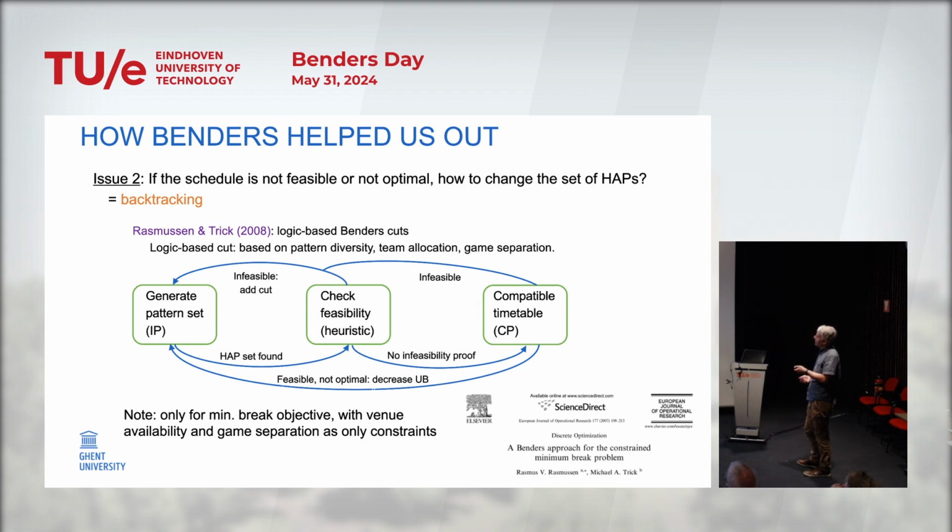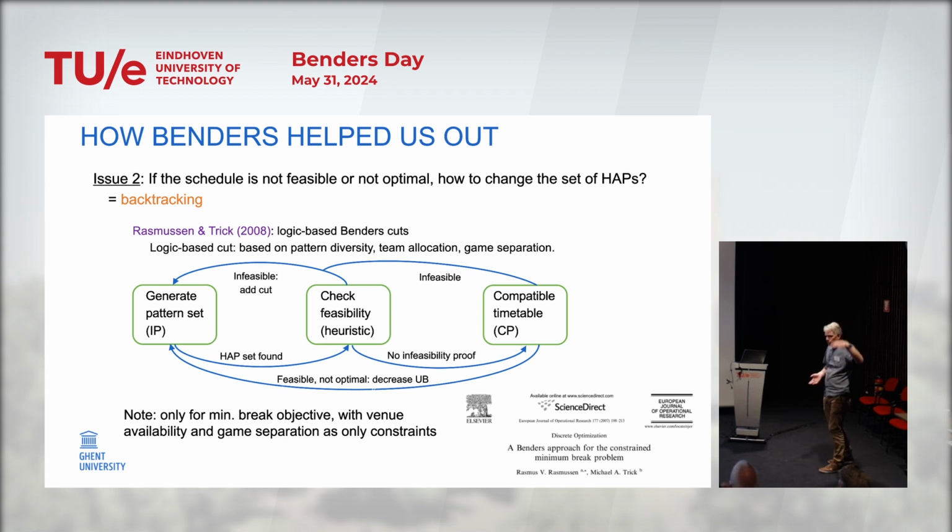And the logic-based cuts that they used were based on pattern diversity, more or less like the Miyashiro constraints that I showed you on team allocation and on game separation, how many games there should be between A and B against A. Now, this is nice, but also a bit limited. It works only for minimizing the number of breaks, and it takes into account just two types of constraints, venue availability and game separation.